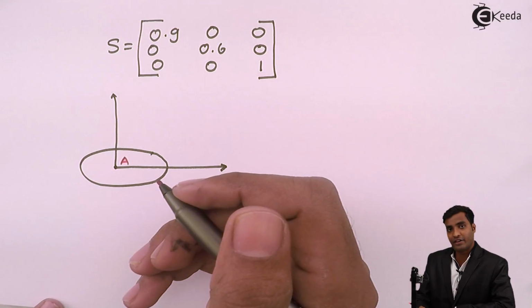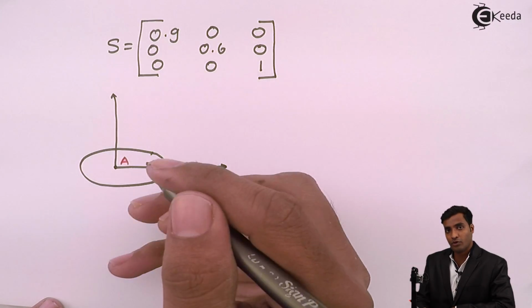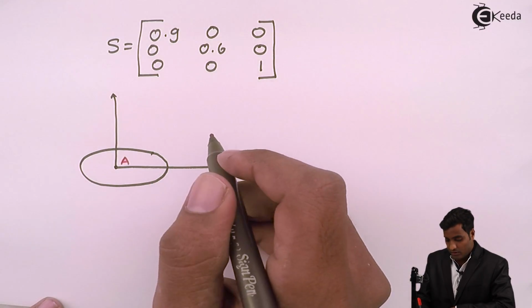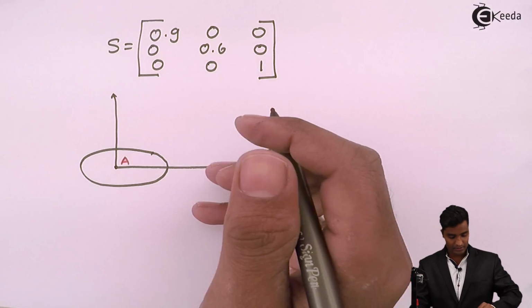But originally the figure was away from the center. For that purpose, we have to move that point, that is this point, to the original position. The original position was 10, 10.